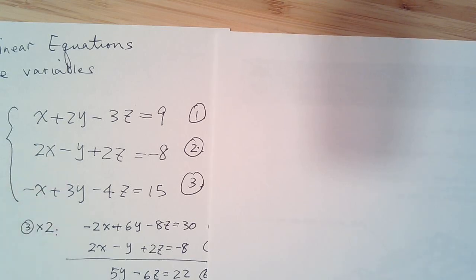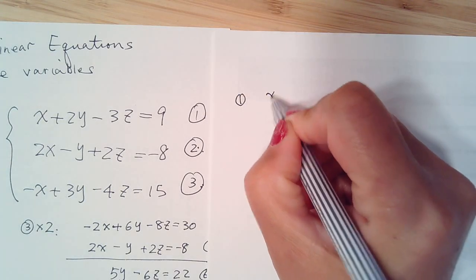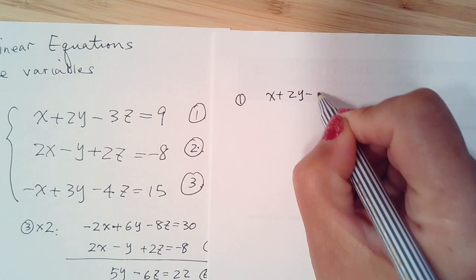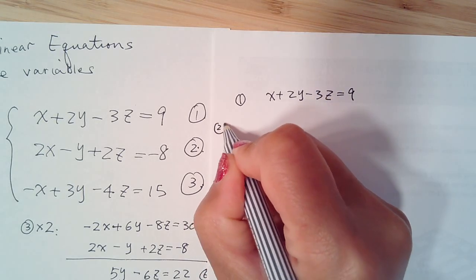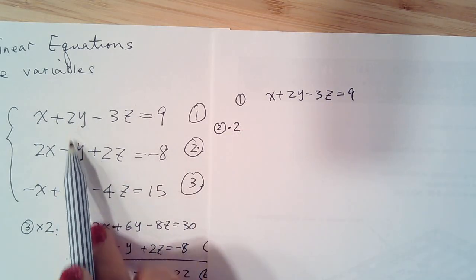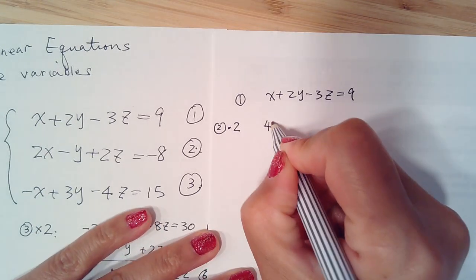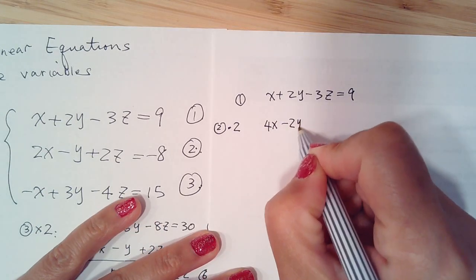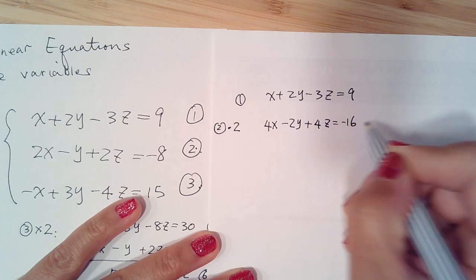So what I'm going to do is I will keep the first one, which is x plus 2y minus 3z equals 9. And then I'm going to use the second one multiplied by 2. The reason I want to do that is later I want to eliminate this y. So the second equation multiplied by 2, I get 4x minus 2y plus 4z equals negative 16.